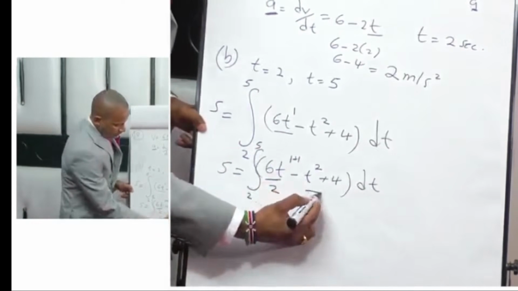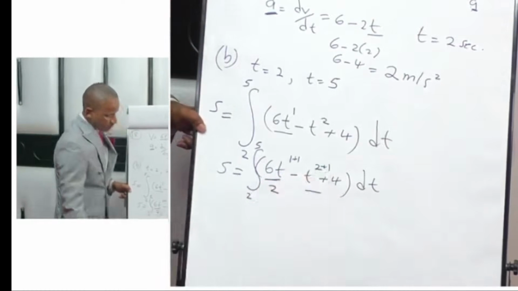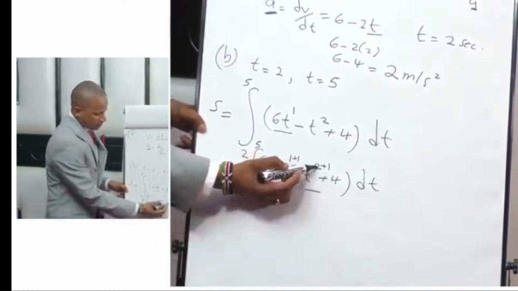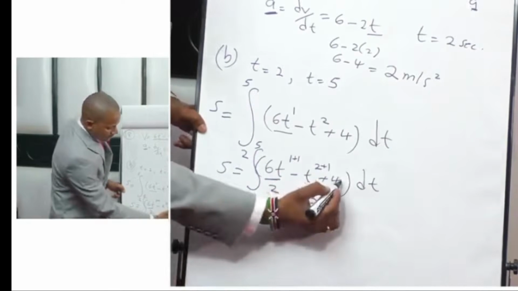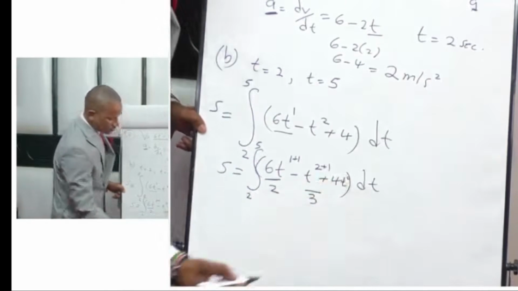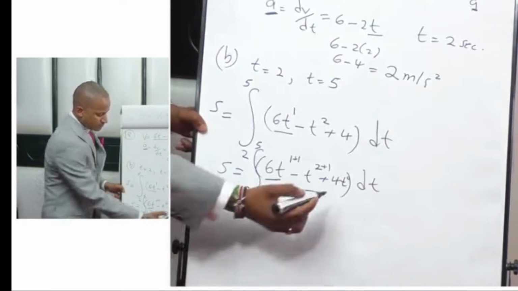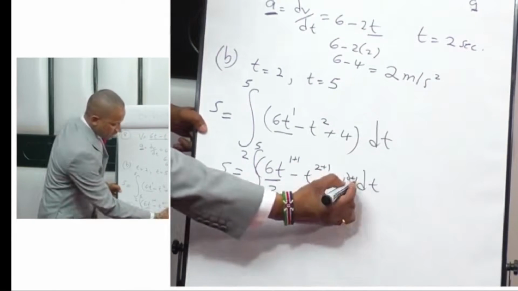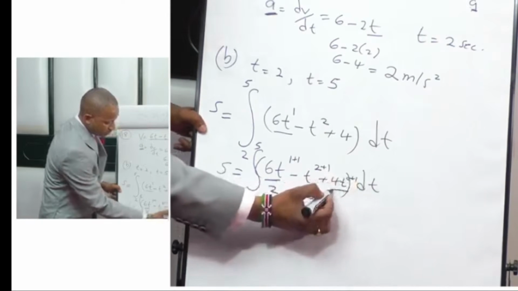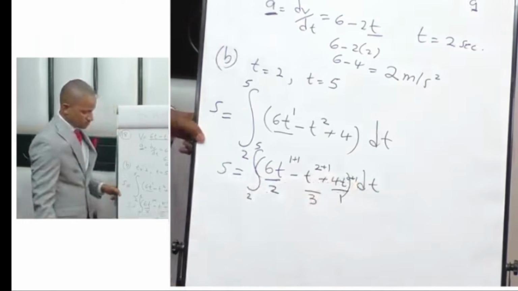You get 3, and divide by that 3. Then you come to 4, which is t raised to power 0, which is 1. Just add 1, so it becomes t raised to power 1, then divide by that 1.